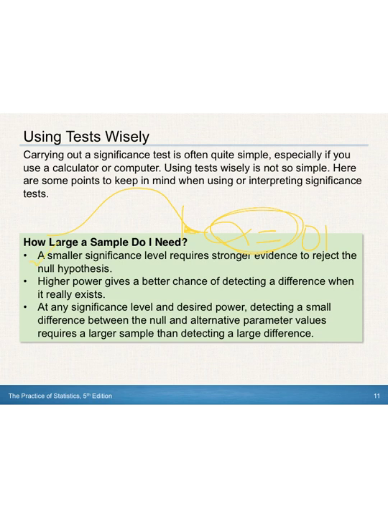Higher power, which is your ability to accurately deem an alternative value true, you get a better chance of detecting that difference with a higher N and if the parameter of the null and the alternative value are farther apart. So if they're farther apart, it's easier to find.